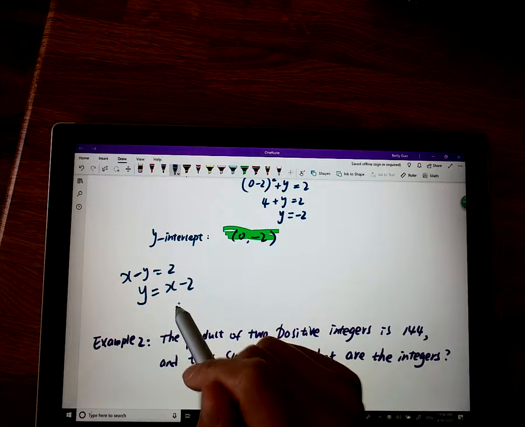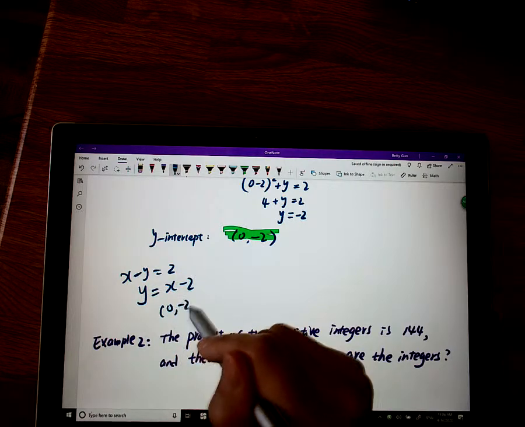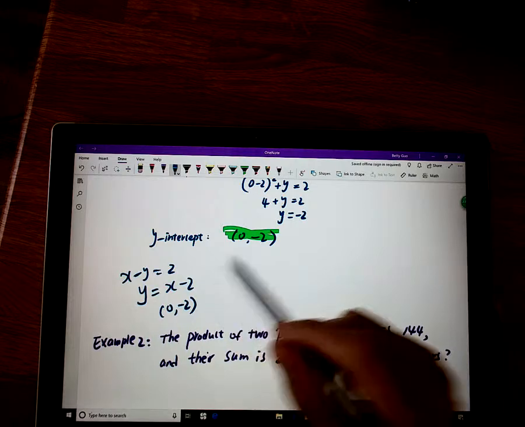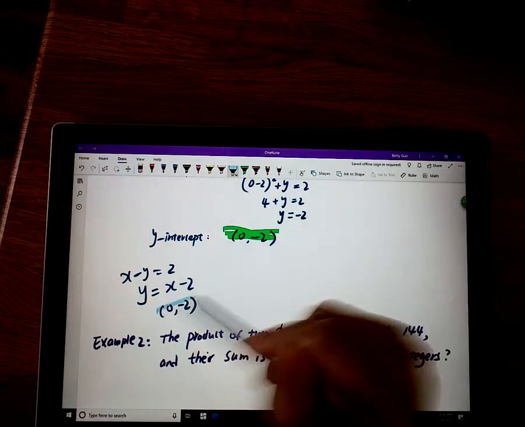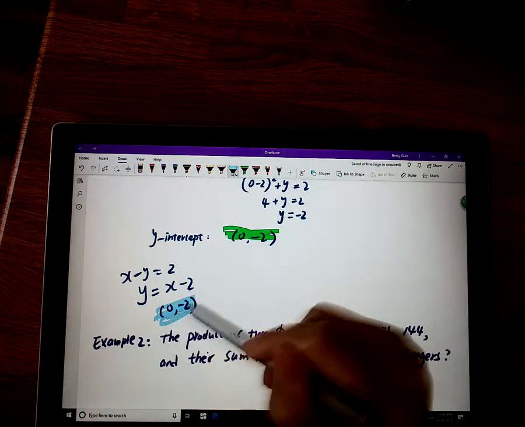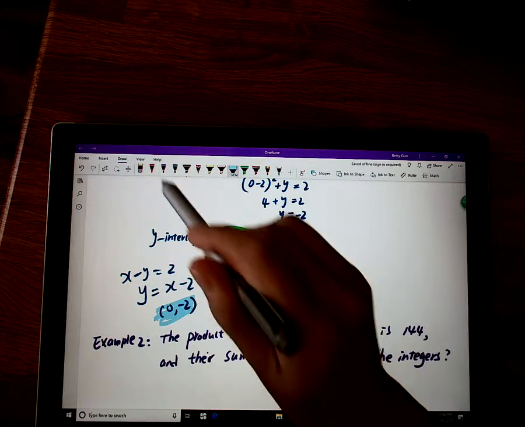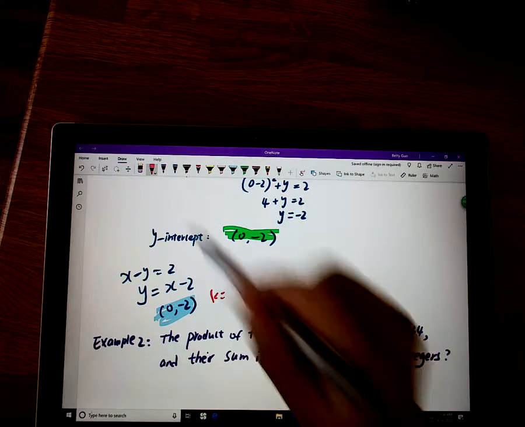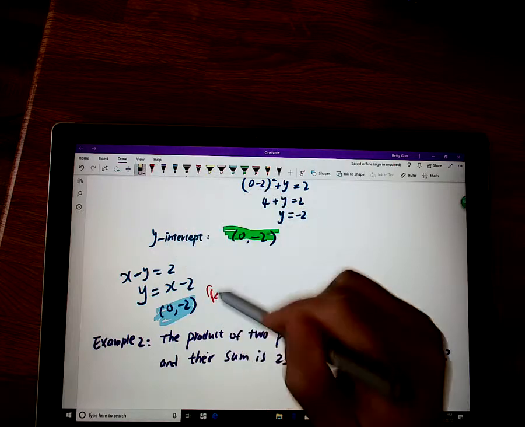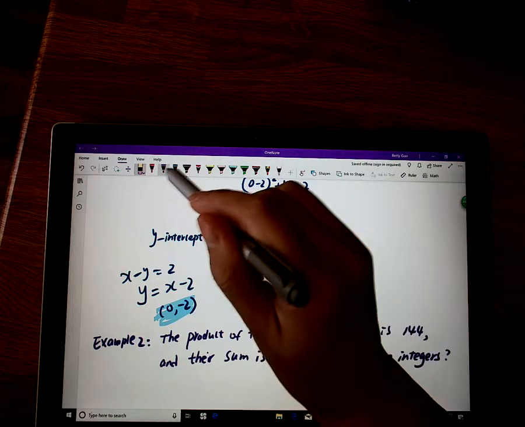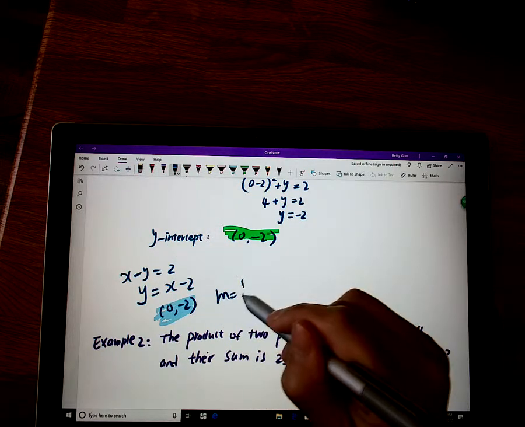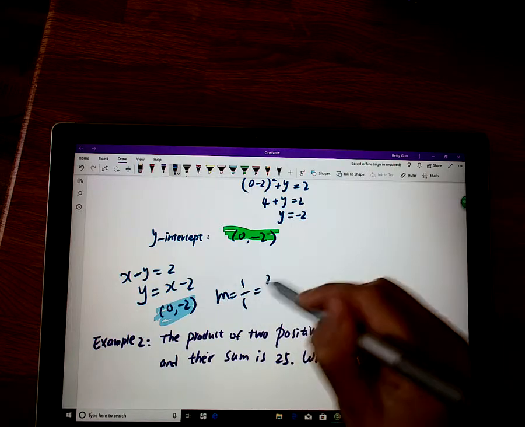Y-intercept is 0, negative 2. And the slope, well, it happened to be the same as the y-intercept of the parabola, right? And the slope is 1. For slope we use m. 1 could be 1 over 1 or 2 over 2, right?